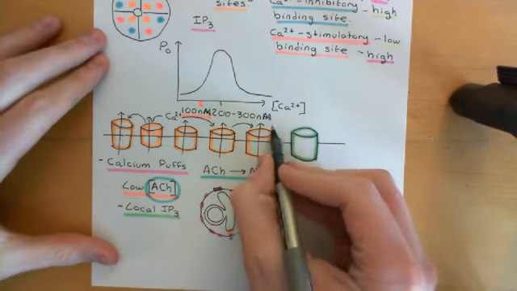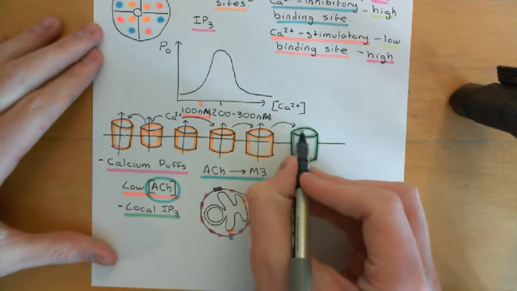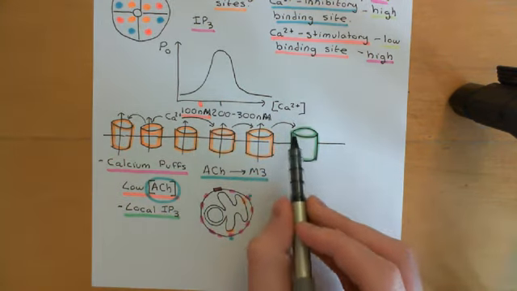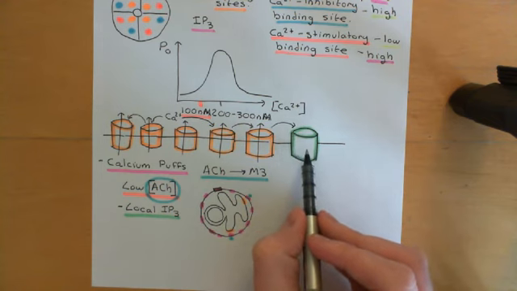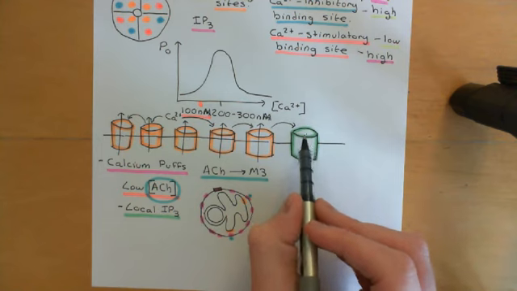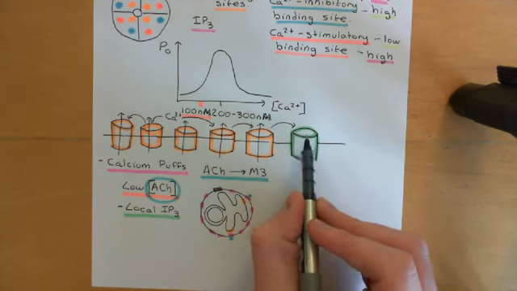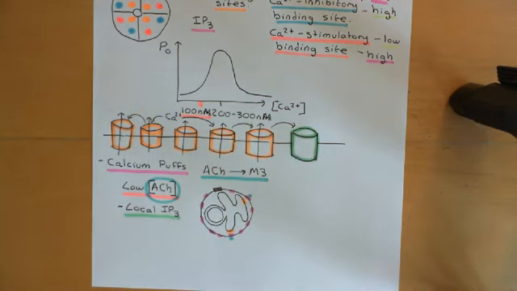And now when calcium spills over into this IP3 receptor space, it will not cause this IP3 receptor to open, simply because, remember, when you don't have the 4 IP3s bound, it's the inhibitory binding sites which have the high affinity, and the stimulatory binding sites have the low affinity.